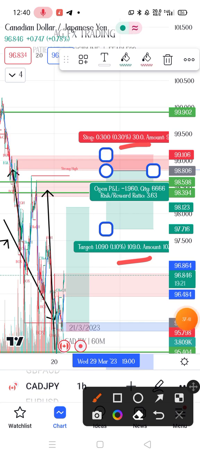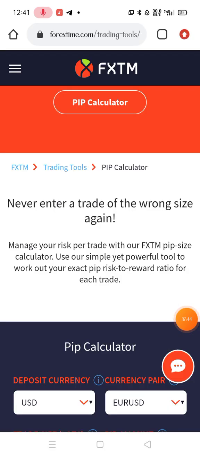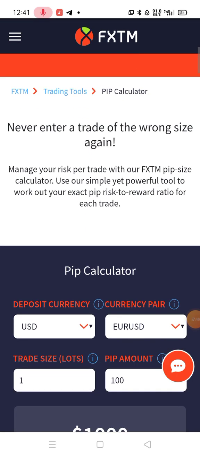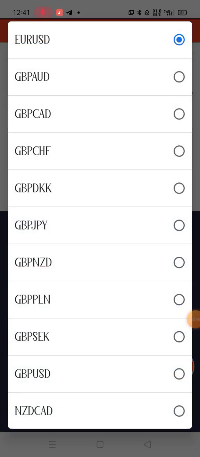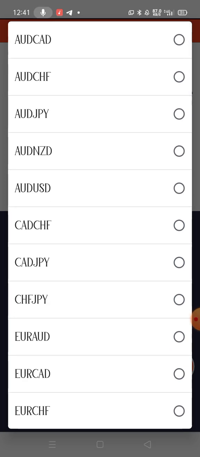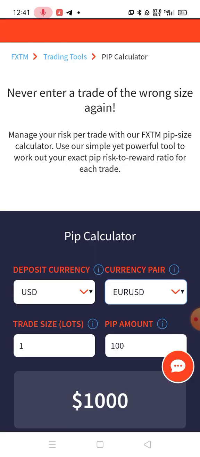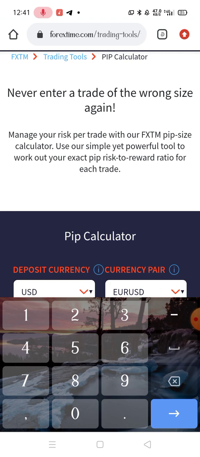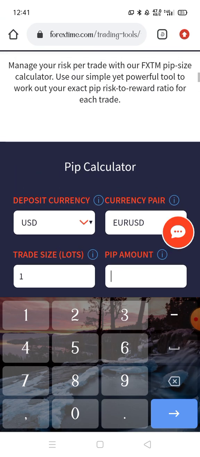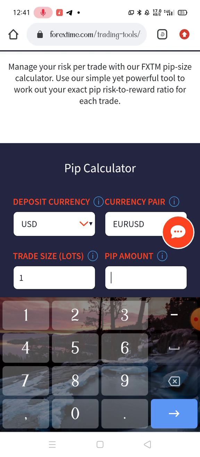I'll pause this video, and when I get there we'll continue. Alright, so I write here FXTM pip calculator. Now remember the currency we want to trade is CAD/JPY. This is it, and the pip amount we are risking is 30 pips. So you put 30 here.